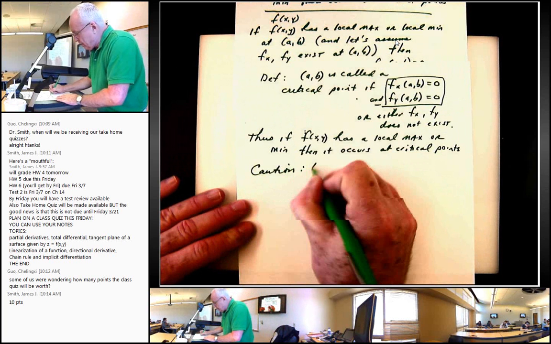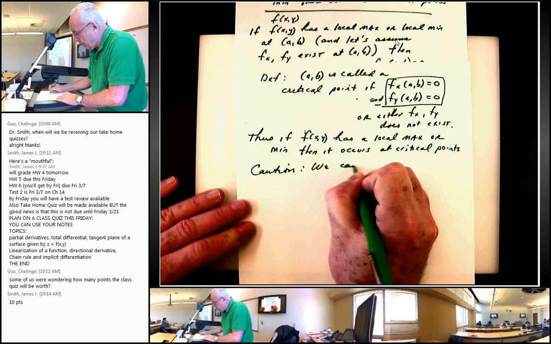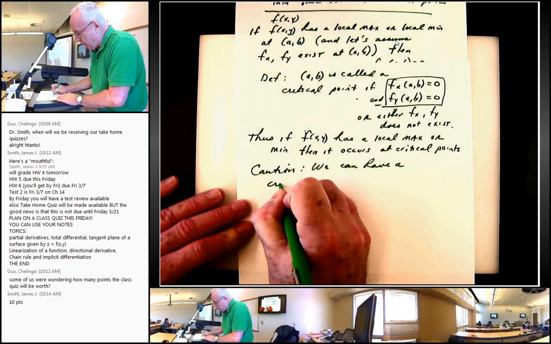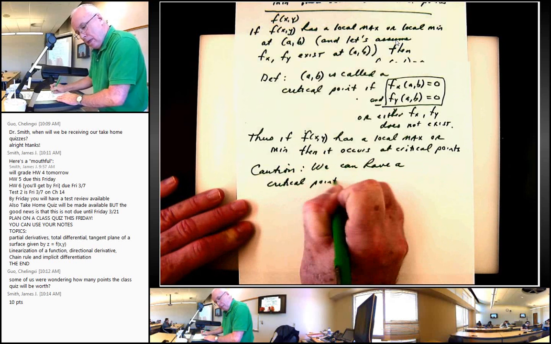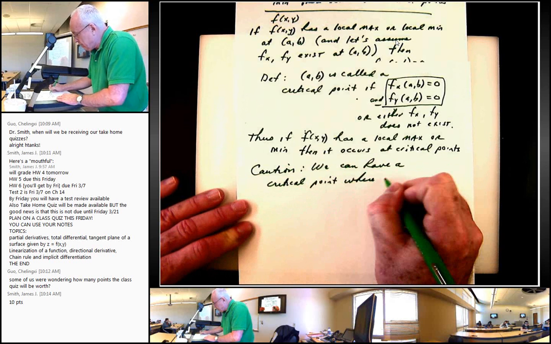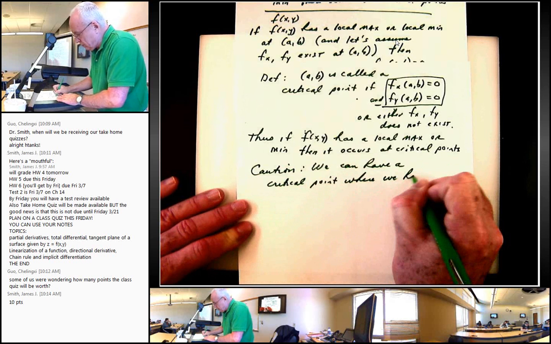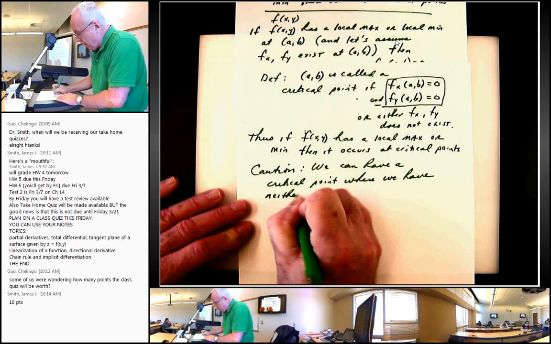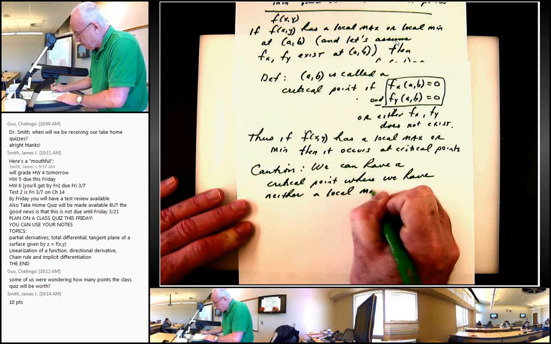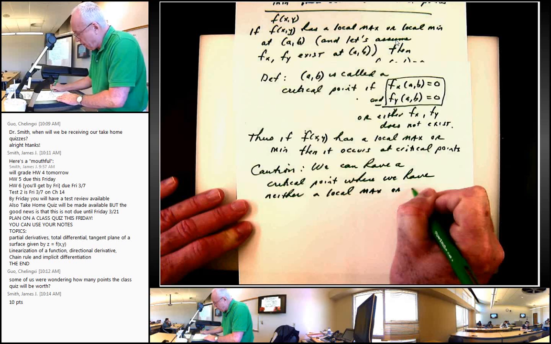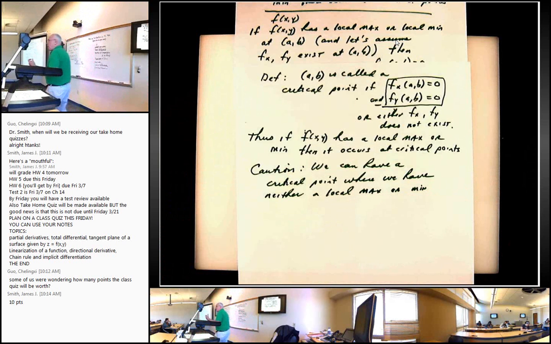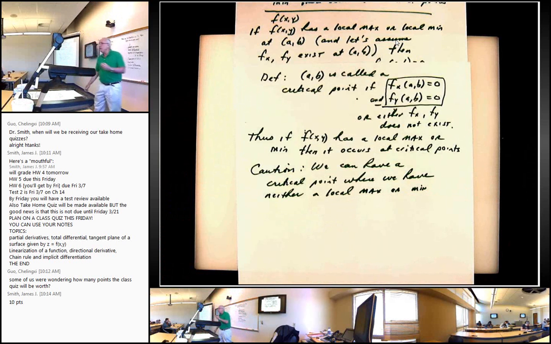We can have a critical point where we have neither a local max or min.